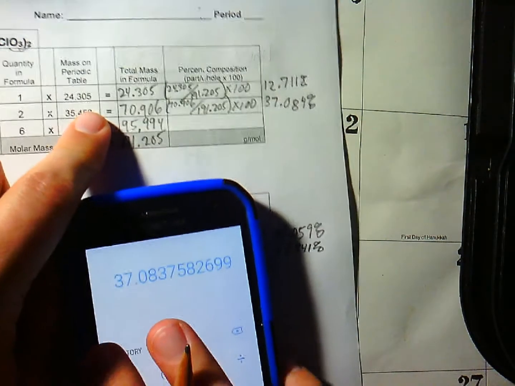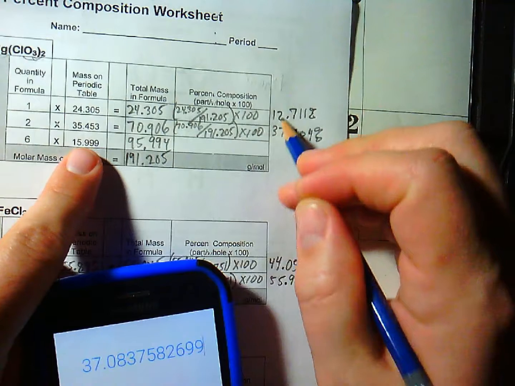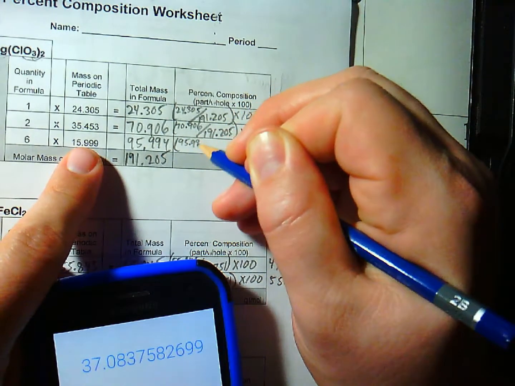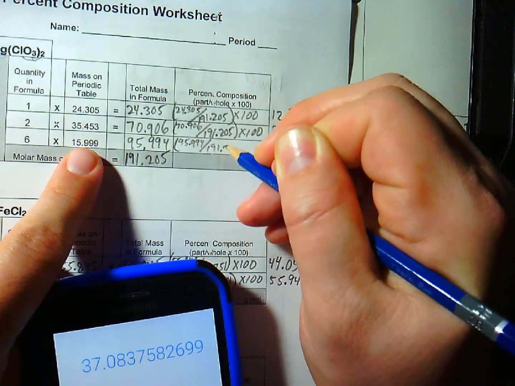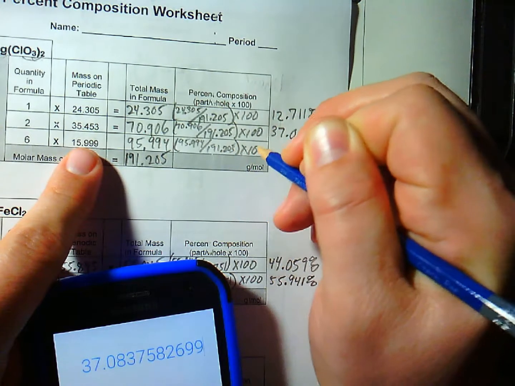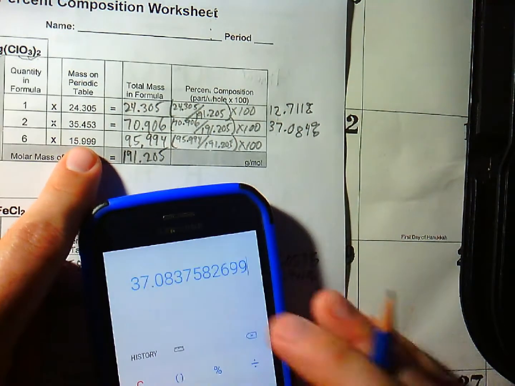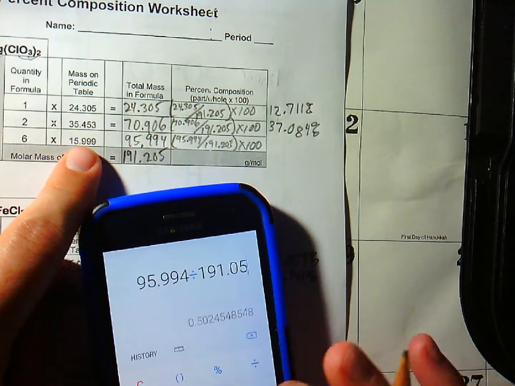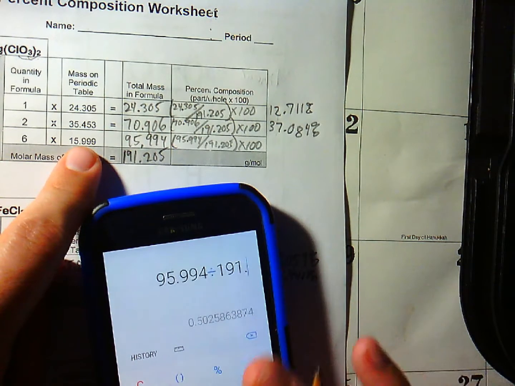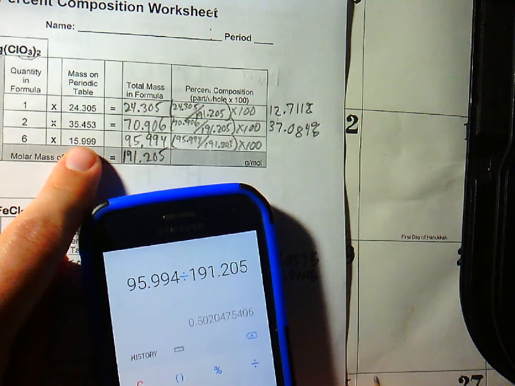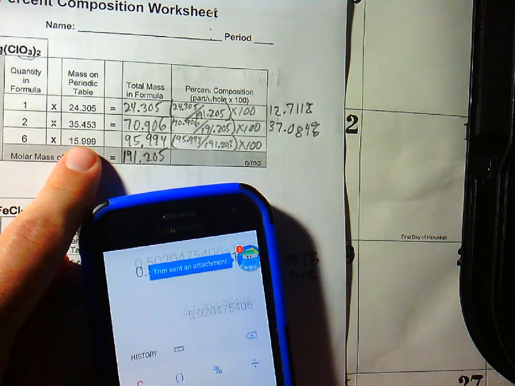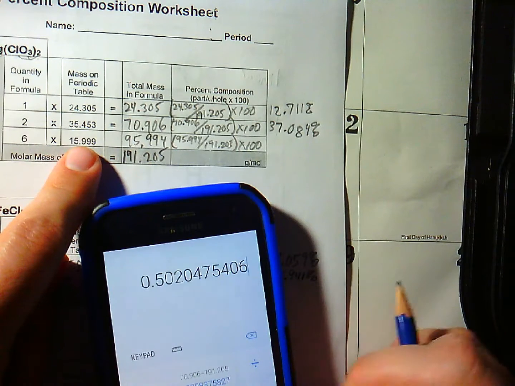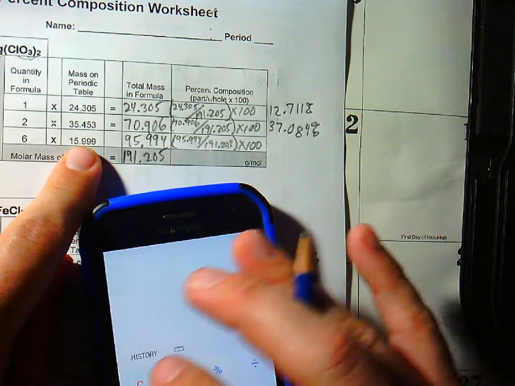And then there's kind of two ways you could do this. You can add these up and subtract from 100, or you can continue the way we're going. Remember, you need to show your work so you can get your credit. 191.205 times 100.